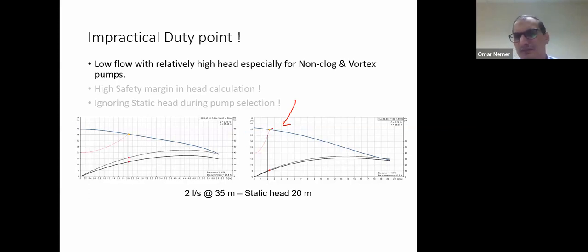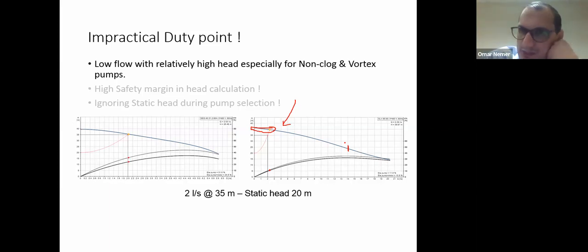You can see your duty point is at the beginning of the curve. You cannot get the best efficiency point; you are so far from it. You cannot find it with any supplier. But this duty point, 2 liters per second at 35 meter head, is easy to find at best efficiency for clean water surface pumps.